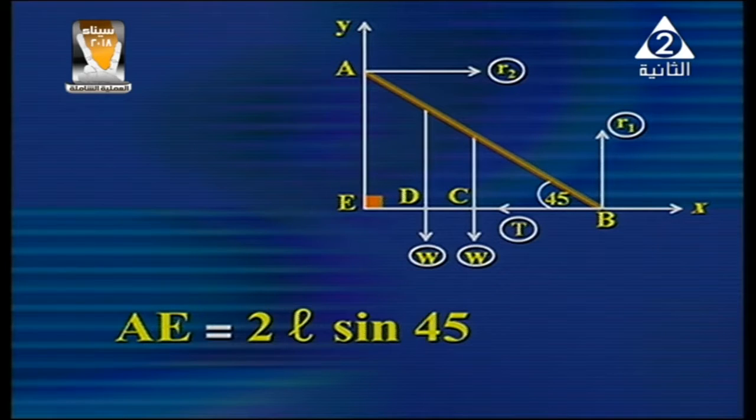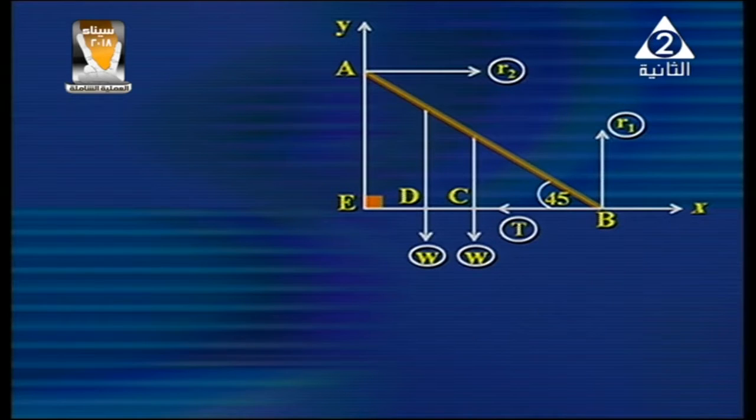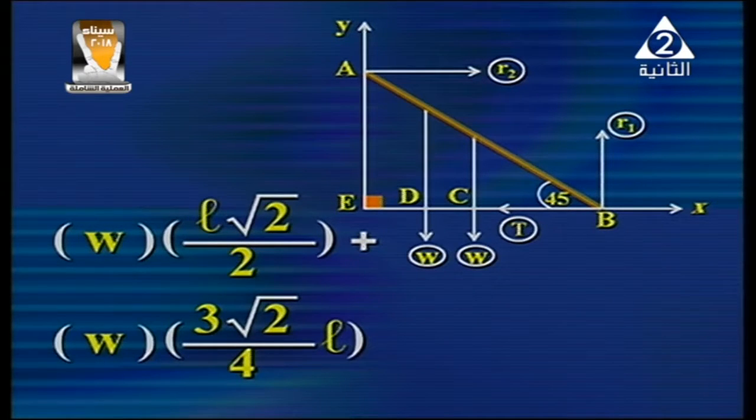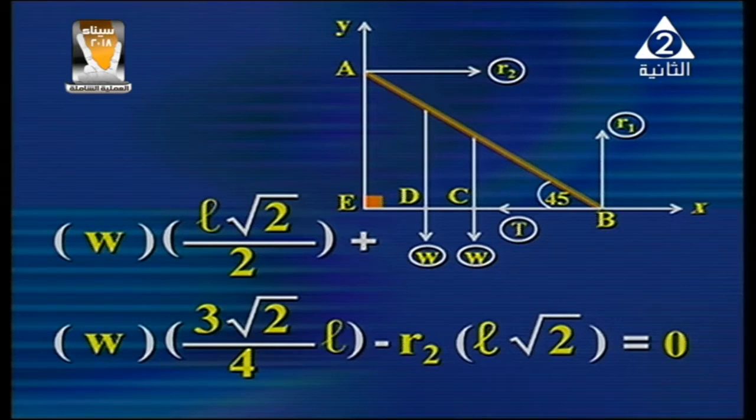After that, for AE, using AB over AB equals sine 45, then AE equals 2L sine 45, which equals L root 2, because sine 45 is root 2 over 2 multiplied by 2L. After substitution, W times L root 2 over 2 plus W times 3 root 2 over 4 L minus R2 times L root 2 equals 0.